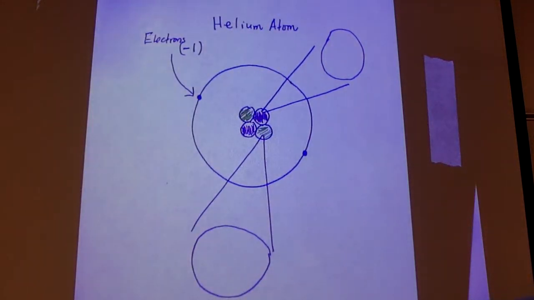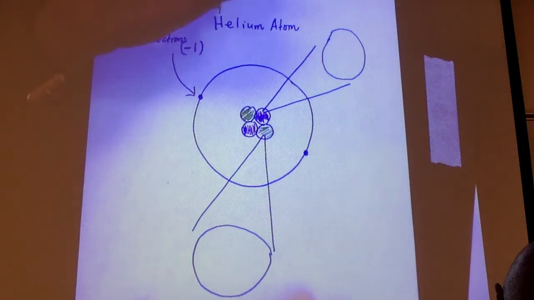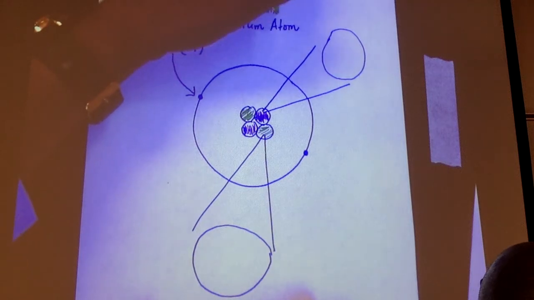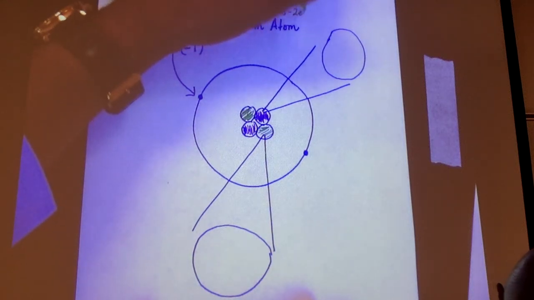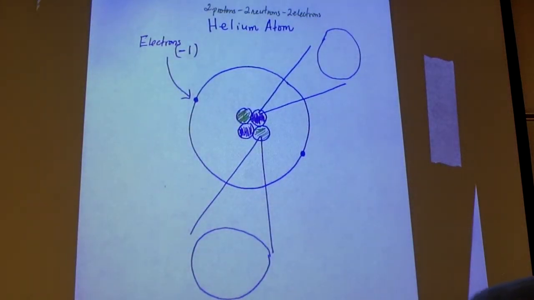Helium has 2 protons, 2 neutrons, and 2 electrons. I'm going to write that up here. Okay, 2 protons, 2 neutrons, and 2 electrons.